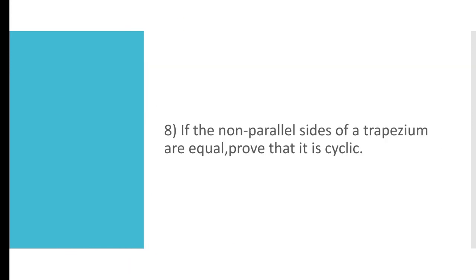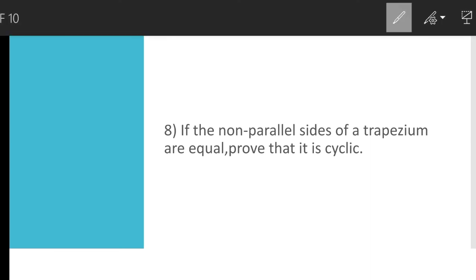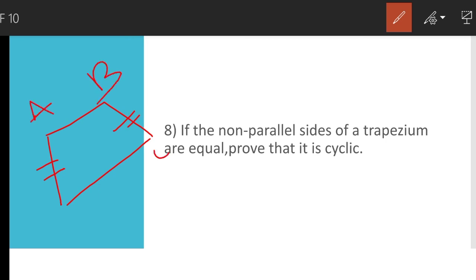Now move on to the last sum. It is given that if the non-parallel sides of a trapezium are equal, then prove that it is cyclic. First we need to draw a trapezium with the non-parallel sides equal. So if it is A, B, C and D, the non-parallel sides are equal.